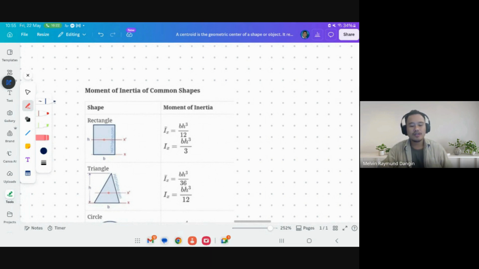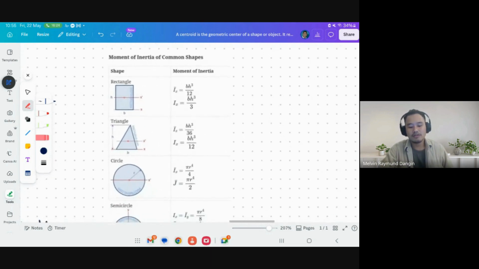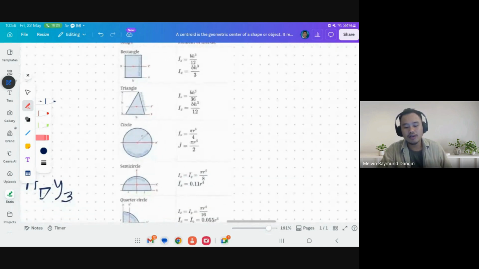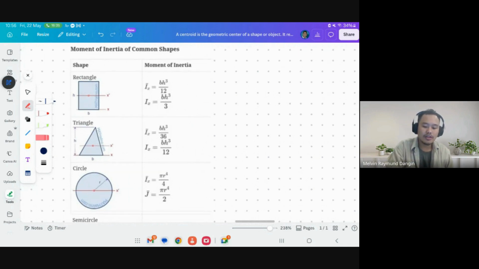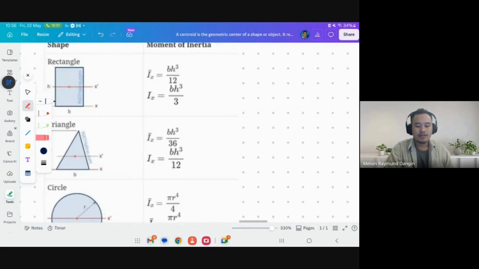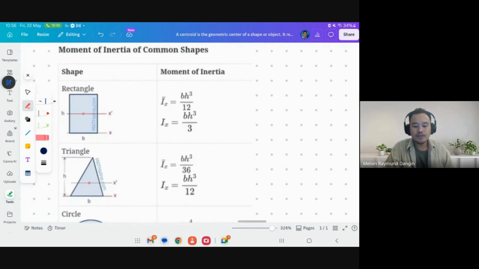So this is a list of the moment of inertia for a specific axis, right? The first one is bh cubed over 12. This formula is the moment of inertia about the centroid of the object, the axis that passes through the centroid.